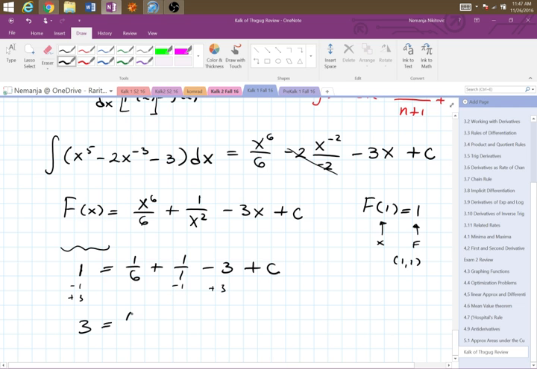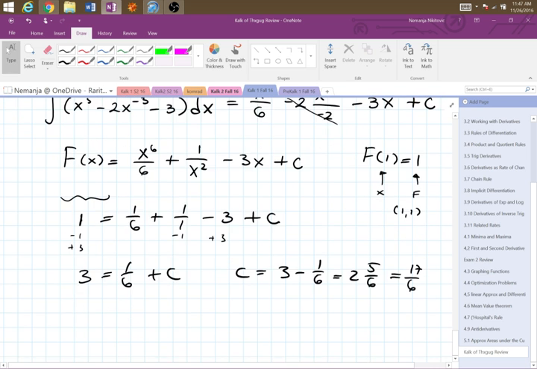So 3 is equal to 1 over 6 plus c. c is equal to 3 minus 1 over 6, which is 2 and 5 over 6, which is 17 over 6. So what is the antiderivative? The particular solution is x to the 6 over 6 plus 1 over x squared minus 3x plus 17 over 6.